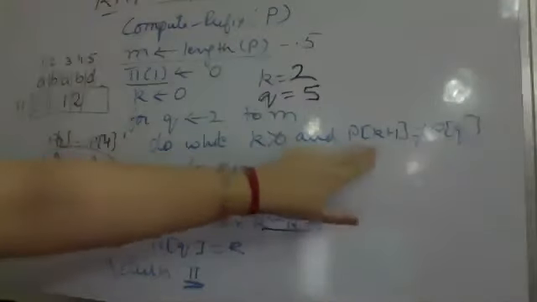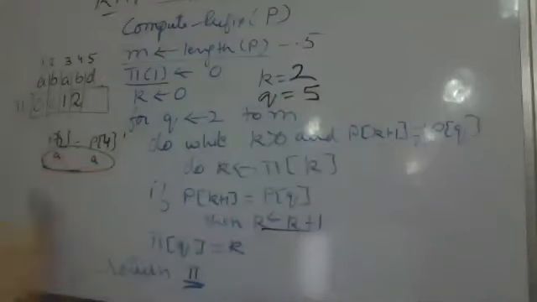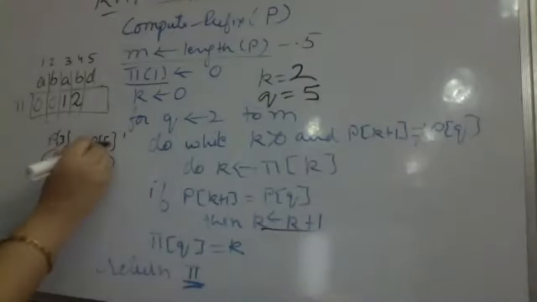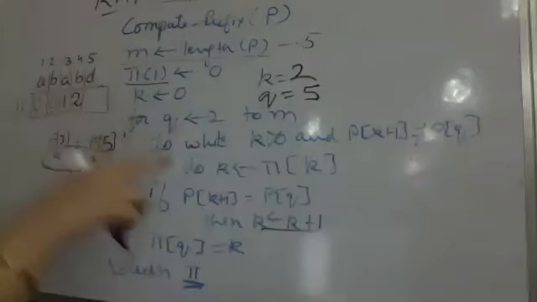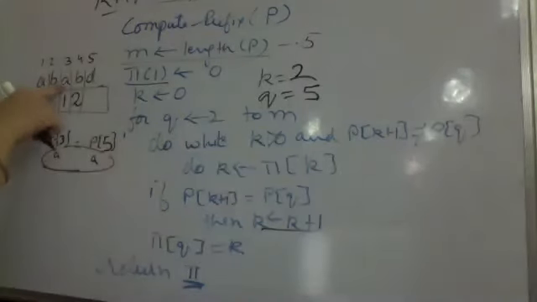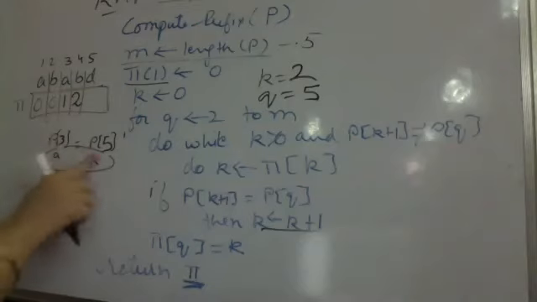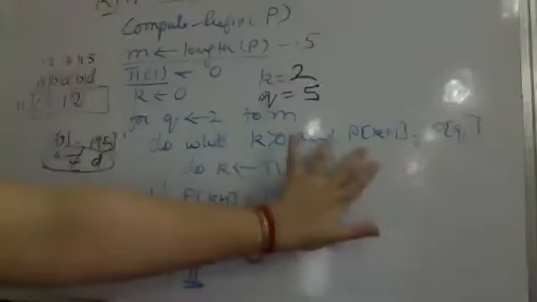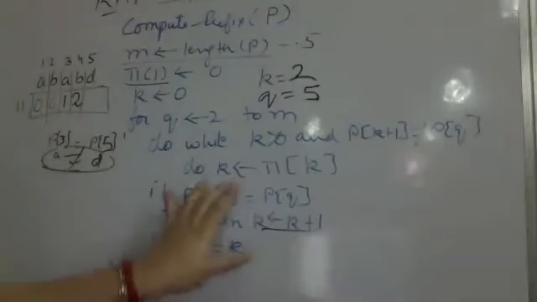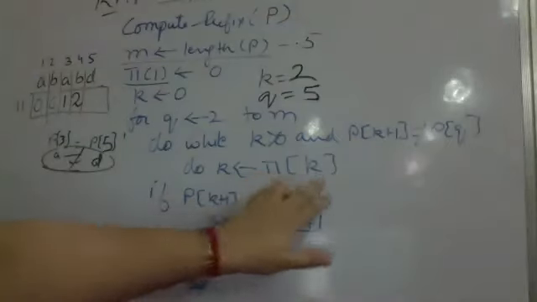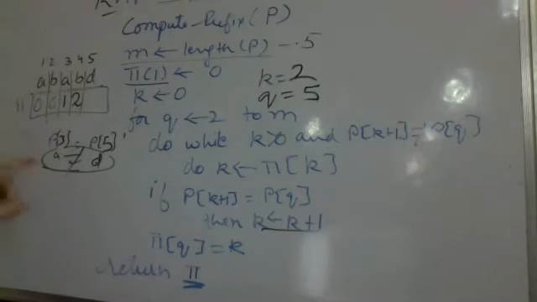And pattern of K plus 1, which is pattern of 3, is not equal to pattern of Q. The condition is true. Pattern of 3 is A, pattern of 5 is B. A is not equal to B. So both the conditions are true. Since this is true, K is equal to the value of pi K. So what is the value of pi K?